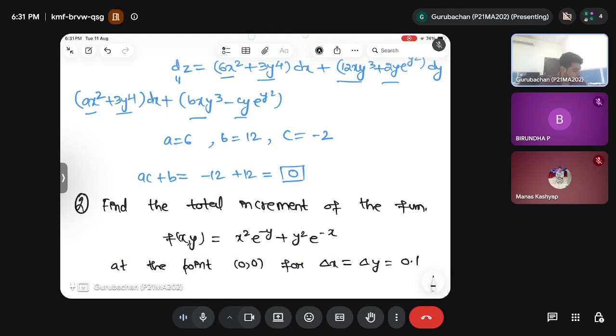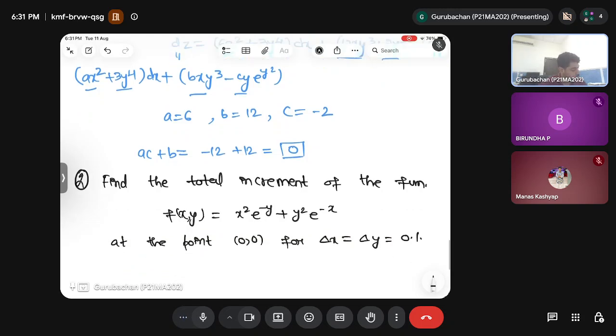Both increments in x and y are the same, so you need to calculate the total increment in the function f.